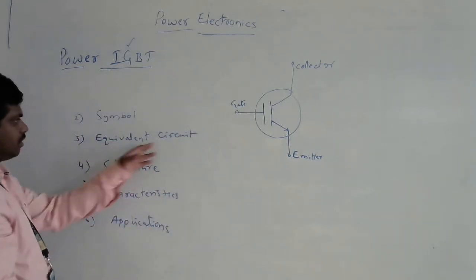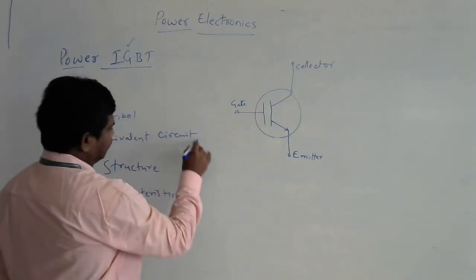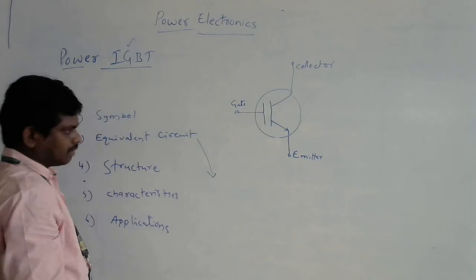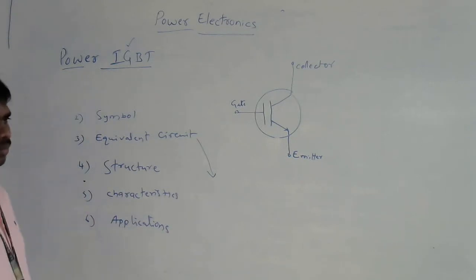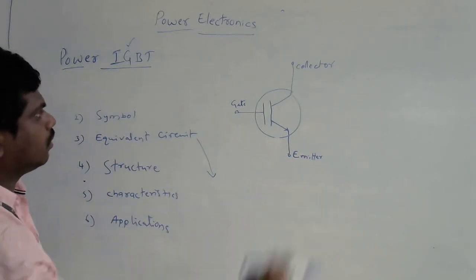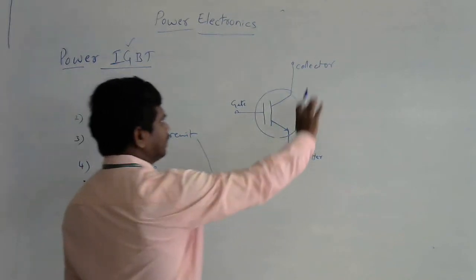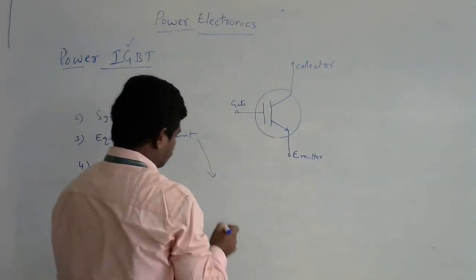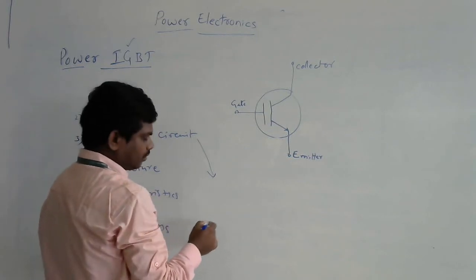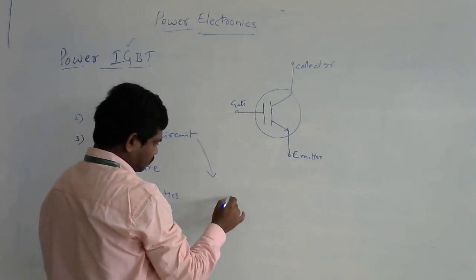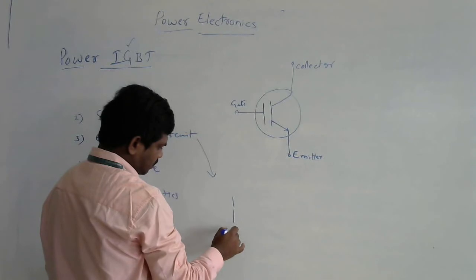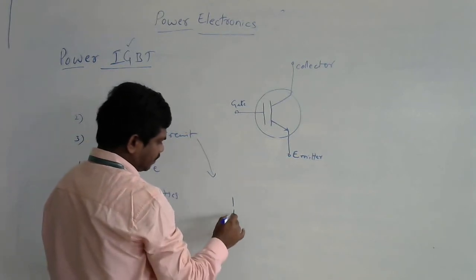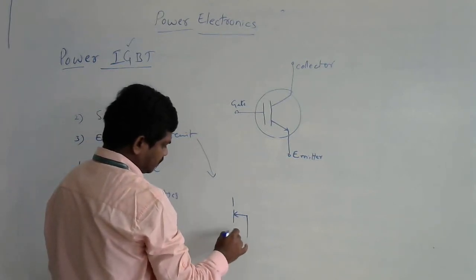Now the equivalent circuit. As I said, on the input side we are using a MOSFET, and on the output side we are using a BJT. That's why the output terminals are collector and emitter, and the input terminal is the gate. So let us see the equivalent circuit. This is my MOSFET.